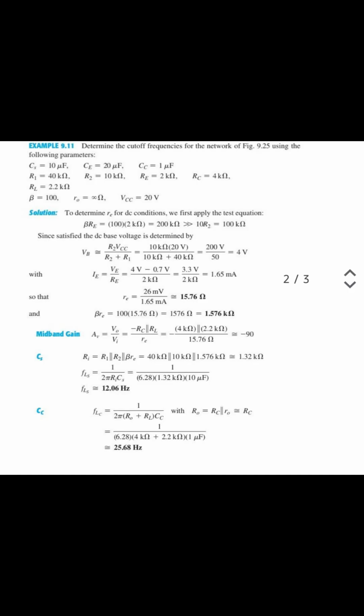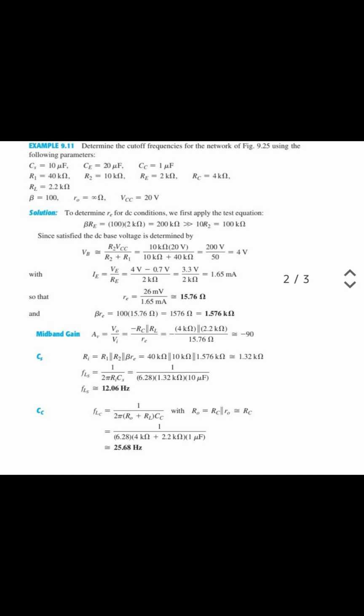First, we have to determine re for the DC conditions. We first apply the test equation: beta times RE is 100 times 2 kilo ohms, equal to 200 kilo ohms, which is greater than 10 times R2, equal to 100 kilo ohms.